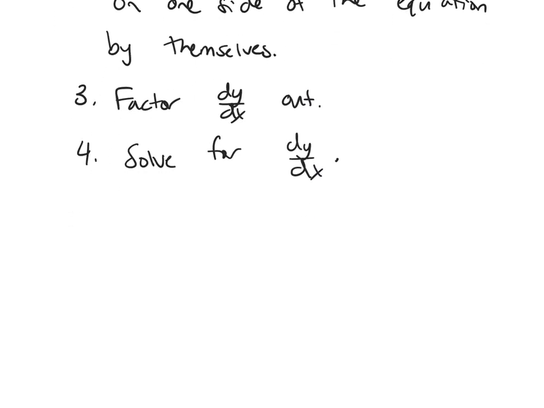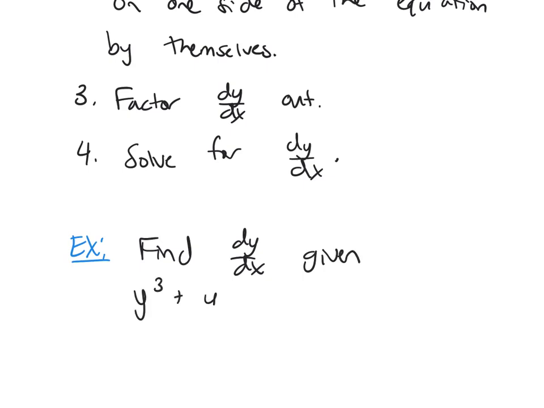So let's look at an example here. Let's put this into practice. I want you to find dy dx given the equation y cubed plus y squared minus 5y minus x squared equals -4.